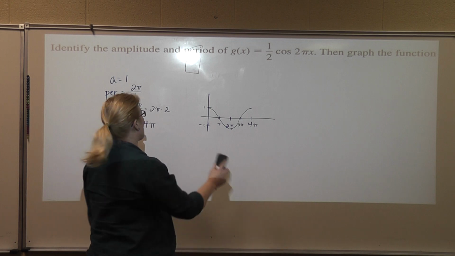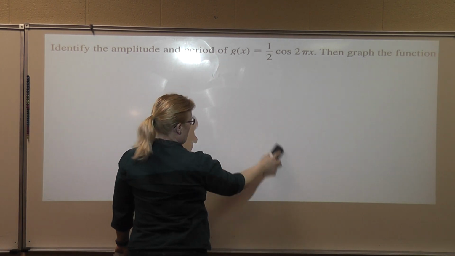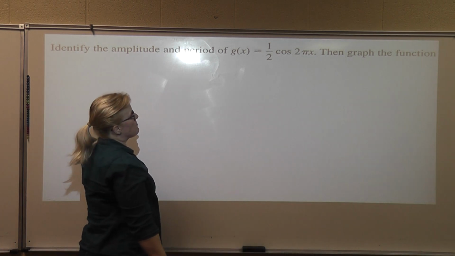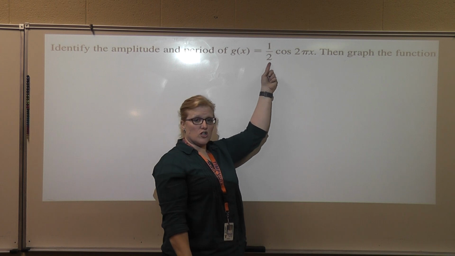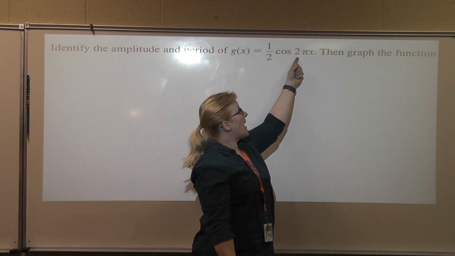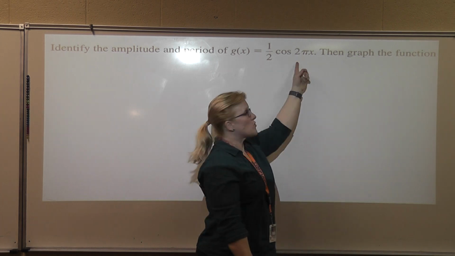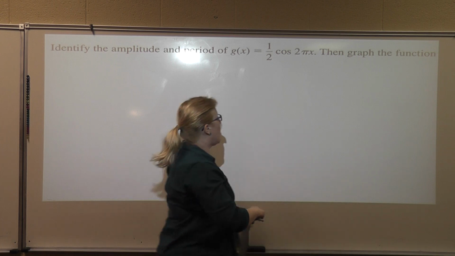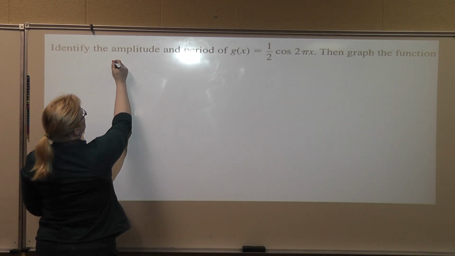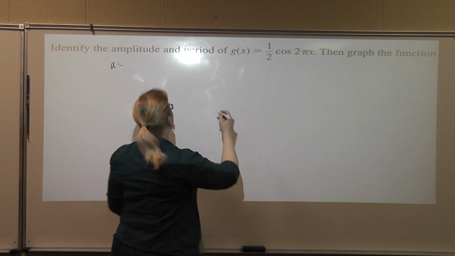Okay, so let's try one now that has a little bit of both, because you'll have ones just like this in your homework. Okay, so we've got a vertical shrink and a horizontal shrink. Again, it's that opposite thing. It looks funky. Okay, so my amplitude for this is 1/2.